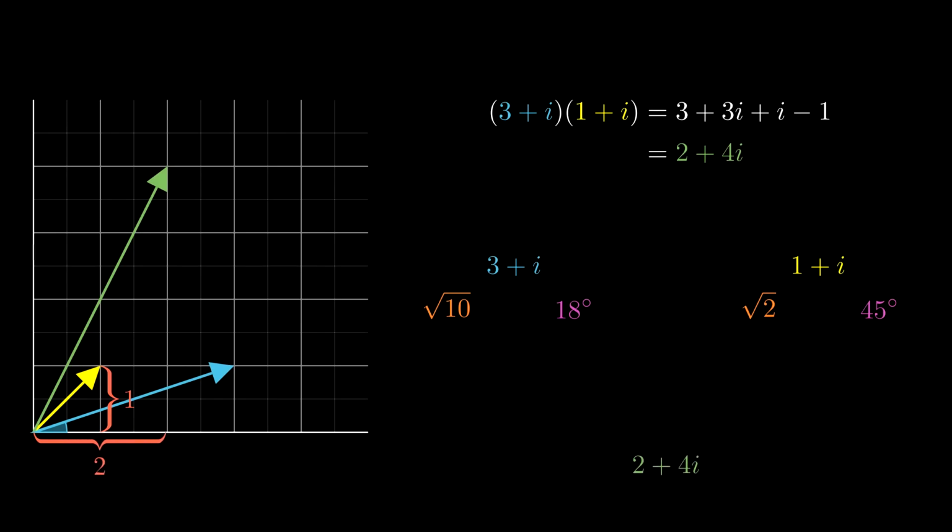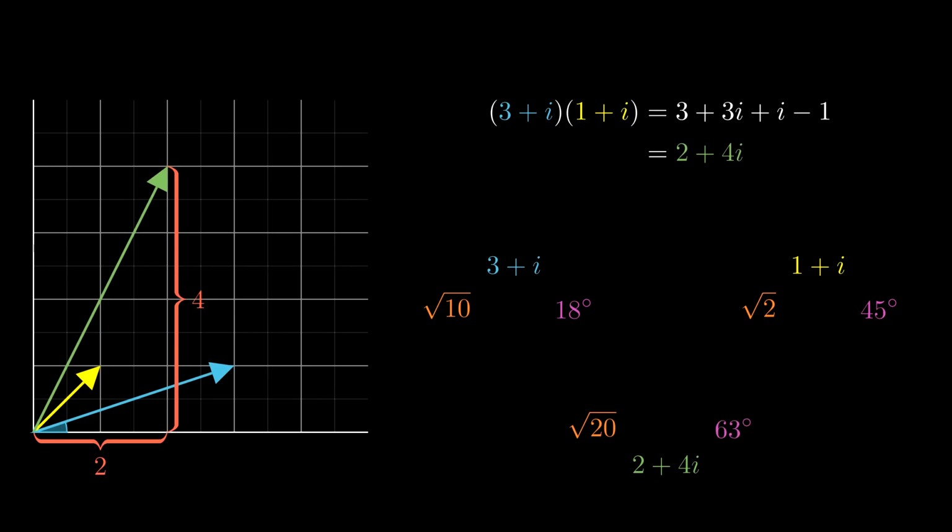It is 2 across, it is 4 up. So Pythagoras, 2 squared plus 4 squared is 4 plus 16, which is 20, so the stretch is root 20. And for the angle, we'd have to use inverse tan again, with 4 over 2 this time, which if you check in your calculator happens to be 63 degrees, okay?